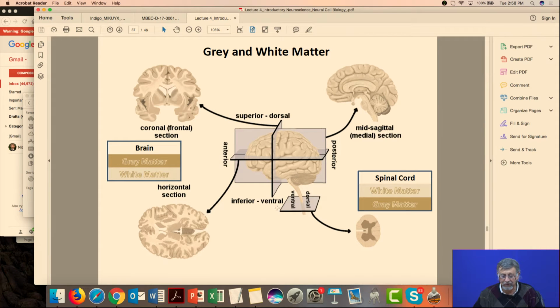So let's go back to the brain. Brain is three-dimensional. This is all this medical language. Superior, or it's called dorsal. Inferior or lower, or called ventral. So this is the top of the brain. This is the bottom of the brain. This is the small brain, cerebellum. This is the large brain, cerebrum.